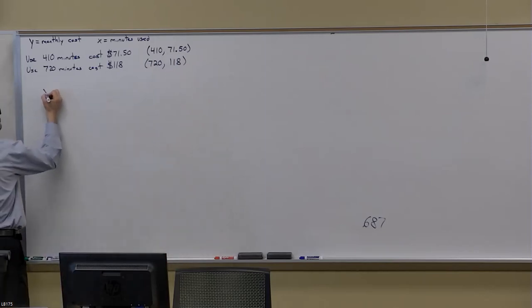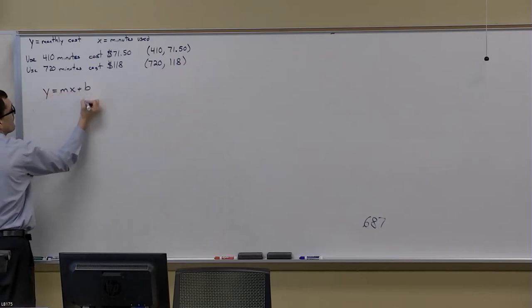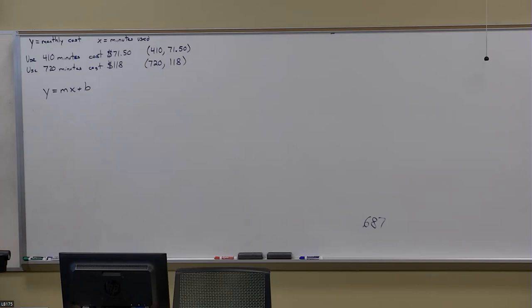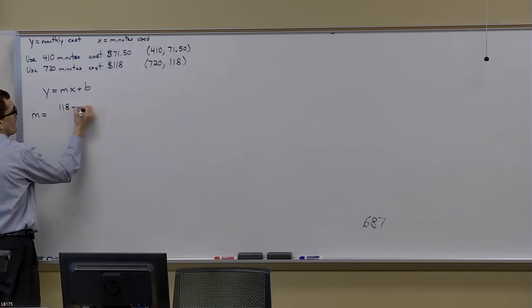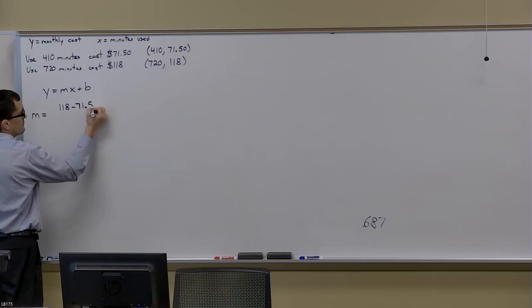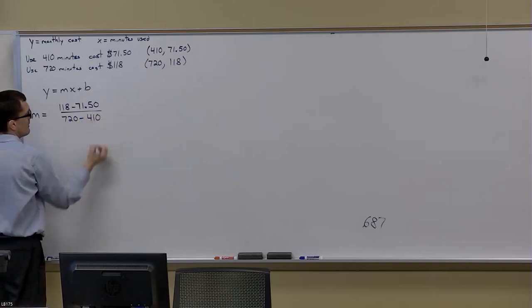We're trying to create the equation y equals mx plus b. So I always want to start by finding my slope: difference in the y values, y2 minus y1, divided by difference in the x values, x2 minus x1.